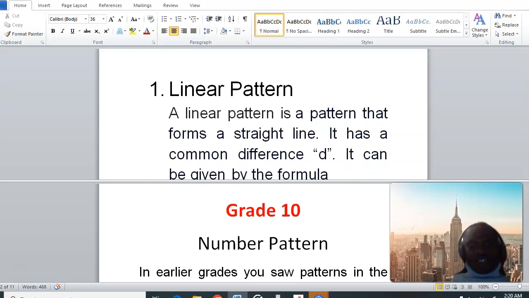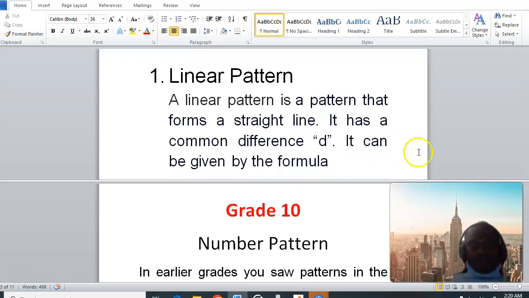So, what is linear pattern? When you hear of linear, it's talking about a line, a straight line. So any pattern that can form a straight line is a linear pattern. And normally it has a common difference. We call it d. What do I mean by common difference?